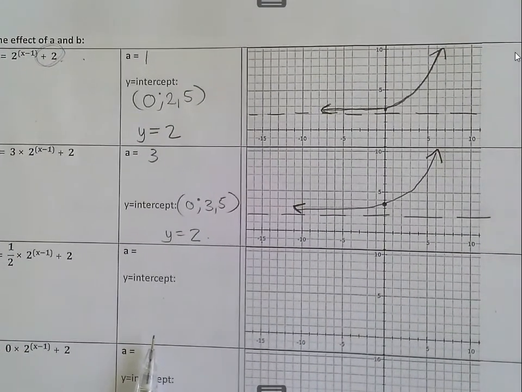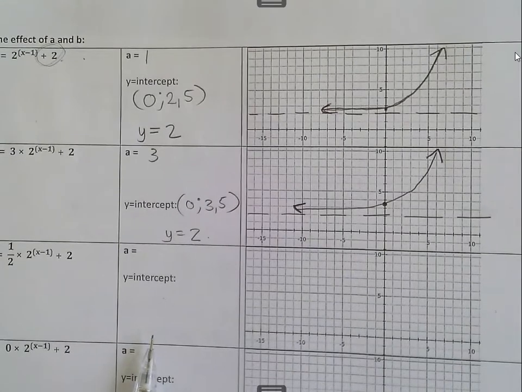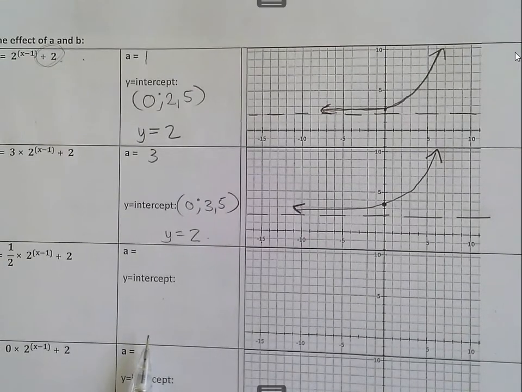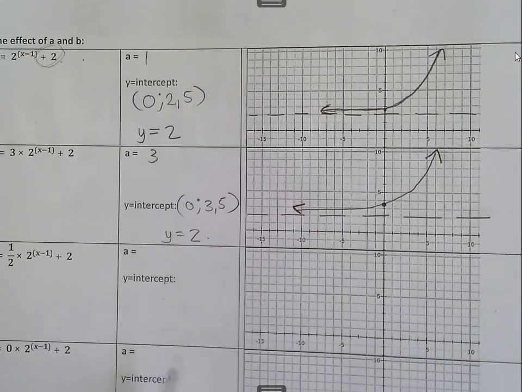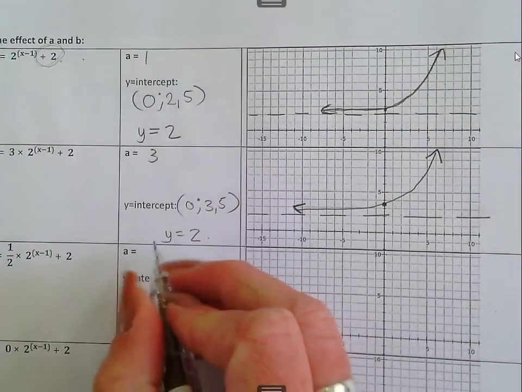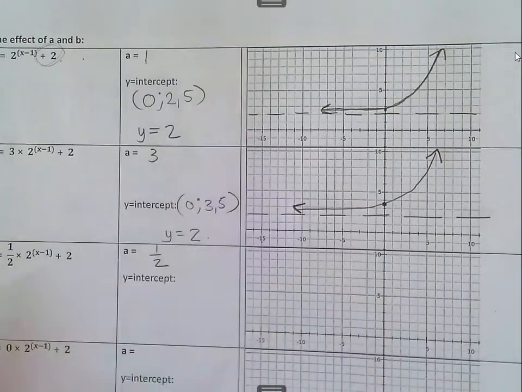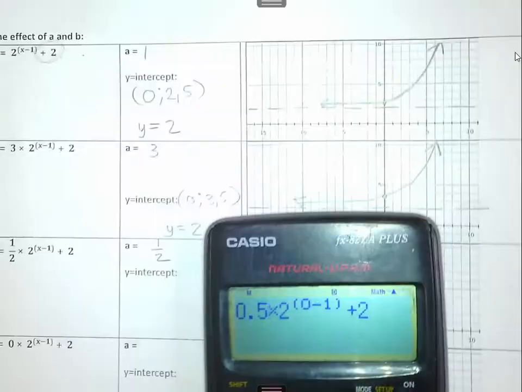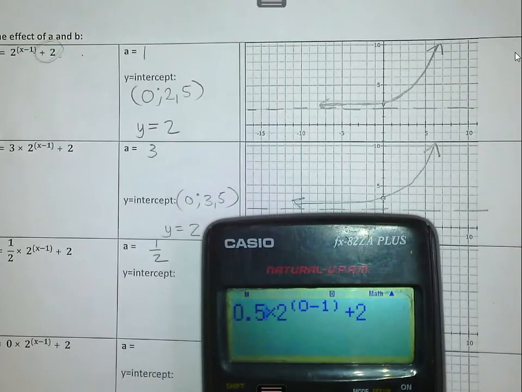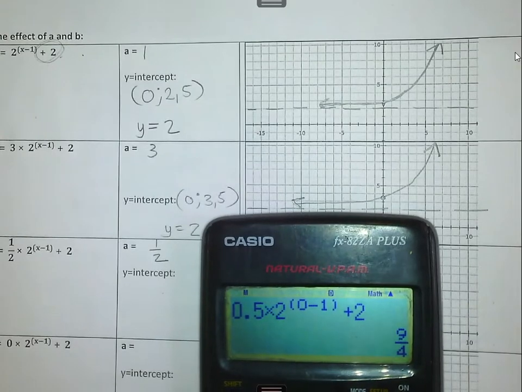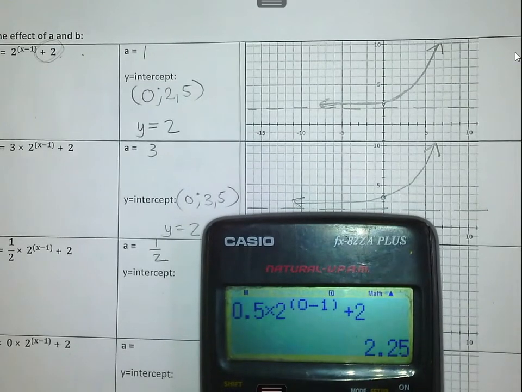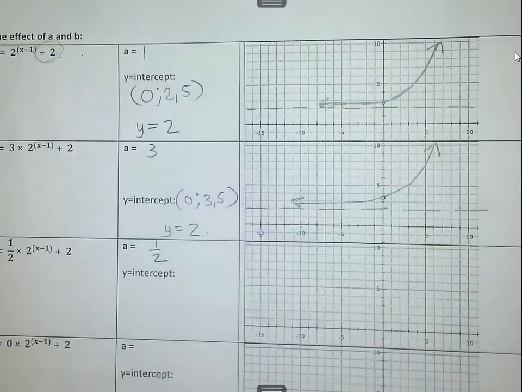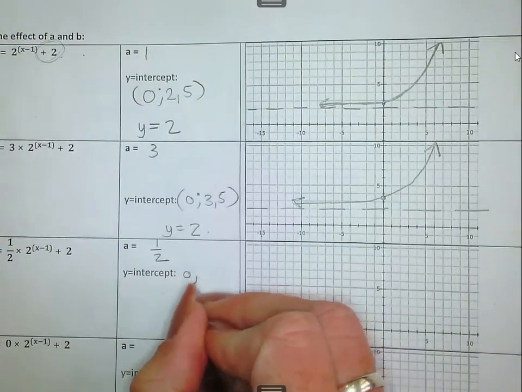Next one. A half times 2 to the power of x minus 1. Right, what's the value of A? A half. The y-intercept: if I substitute it in there, a half times it, it's 2.25.